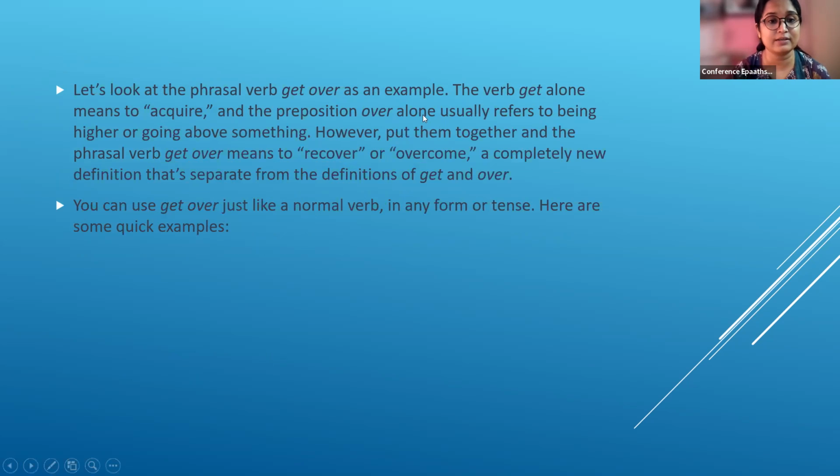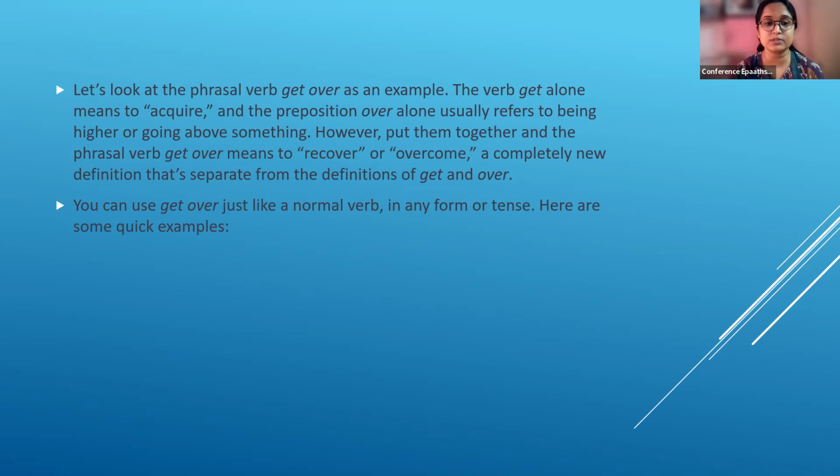Like get over. This is a verb. Now the verb get alone means to acquire, and the preposition over alone usually refers to being higher or going above something. However, put them together and the phrasal verb get over means to recover and overcome. So it is a completely new definition, separate from the definition of get and over.